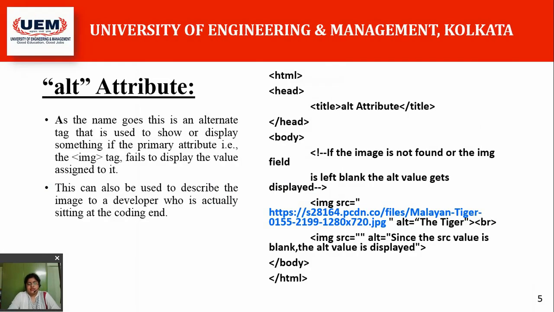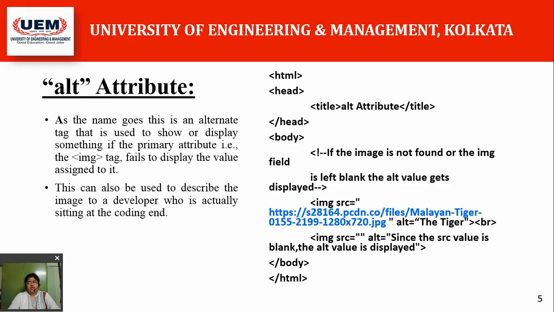And the next attribute is the alt attribute. As the name suggests, this is an alternative attribute that is used to display something if the primary element, that means the img, the image tag, fails to display the image assigned to it.